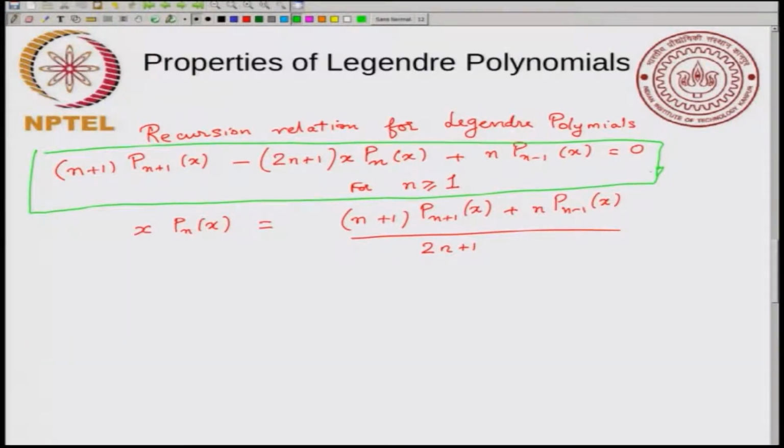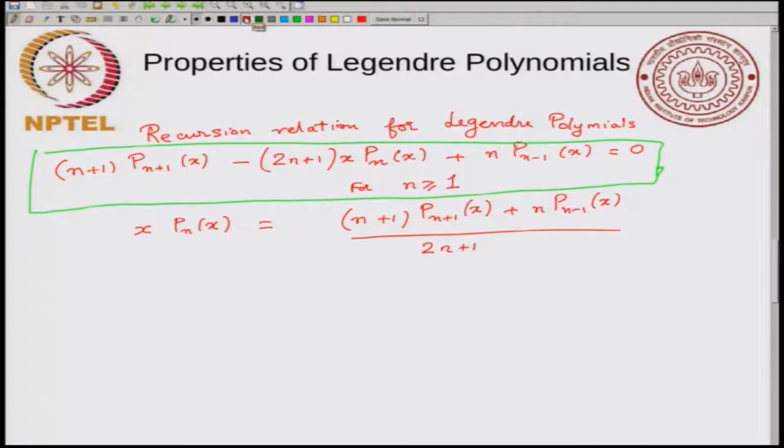The content of the equation is that you relate the (n+1)th polynomial to the nth polynomial with a multiplication factor of x and the (n-1)th polynomial. So this is a recursion relation, and it is good to remember the recursion relation for the Legendre polynomials.